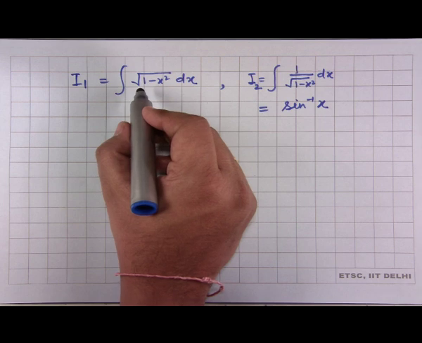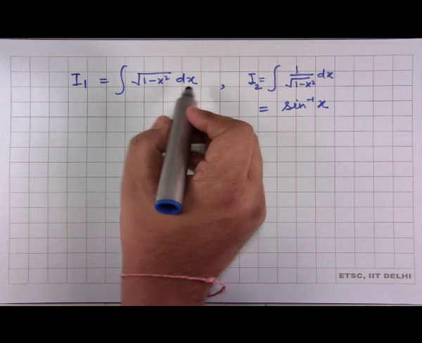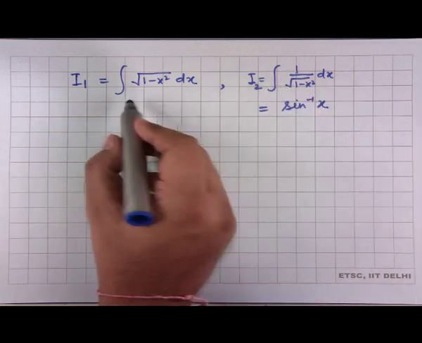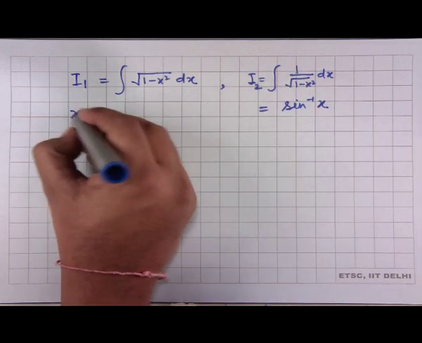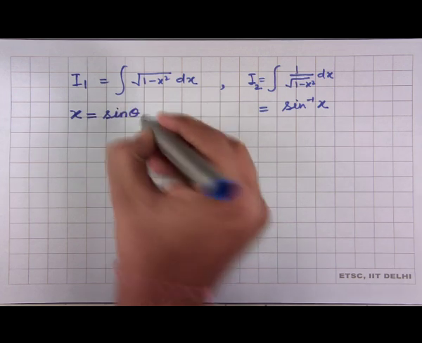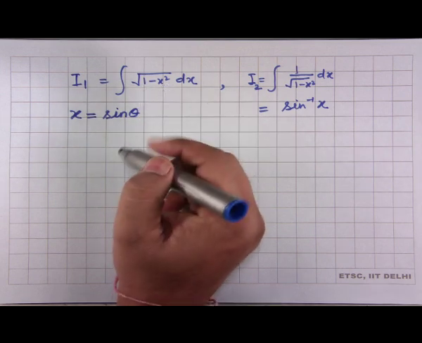Well, as it looks like square root of 1 minus x squared dx, and a similar integral of this kind we have evaluated earlier. So, it looks like a good choice if I put x equals sin theta. So that I will get 1 minus sin square theta, which is cos square theta.